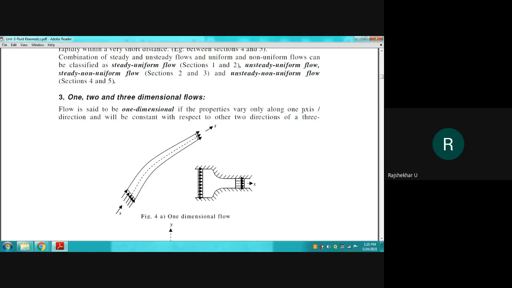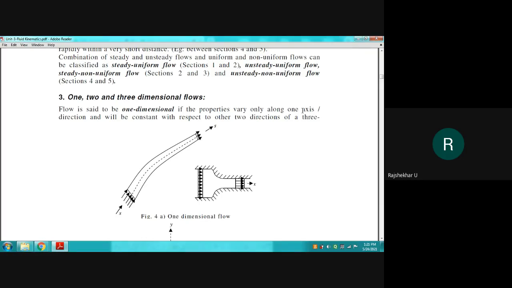If properties are changing in x direction, that means in y and z direction the properties will remain the same. If the properties are changing in y direction, then they will remain the same in x and z direction. So that is one-dimensional flow.